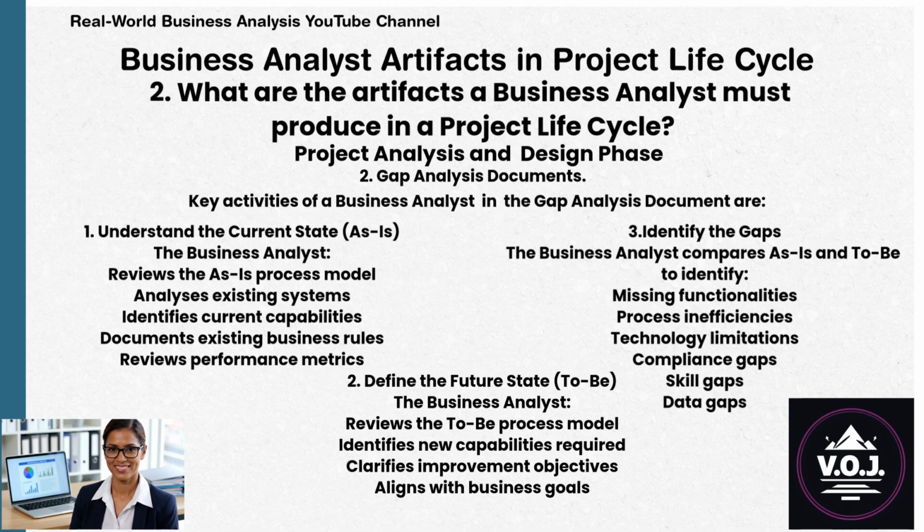The key activities of a business analyst in the gap analysis document are: 1. Understand the current state, as-is. The business analyst reviews the as-is process model, analyzes existing systems, identifies current capabilities, documents existing business rules, and reviews performance metrics. 2.